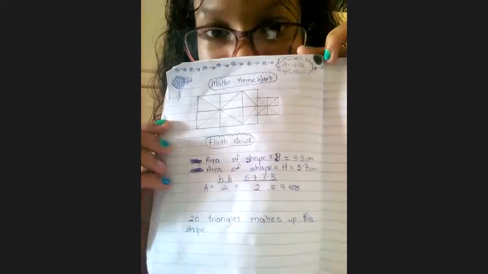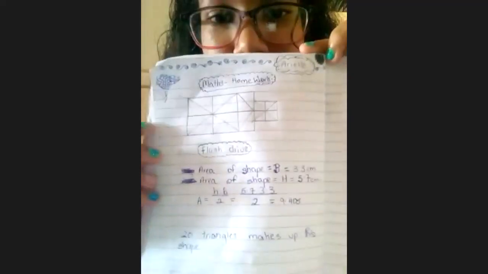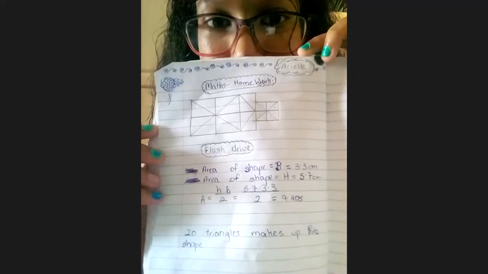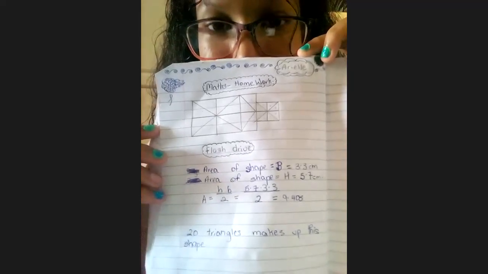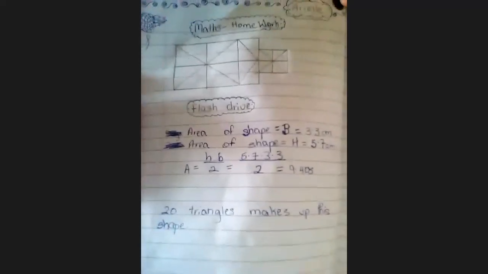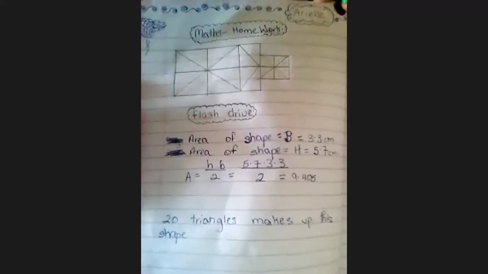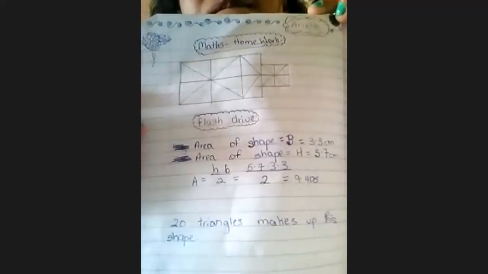Okay. I'm not quite sure if your calculation is correct. 5.733 over 2.